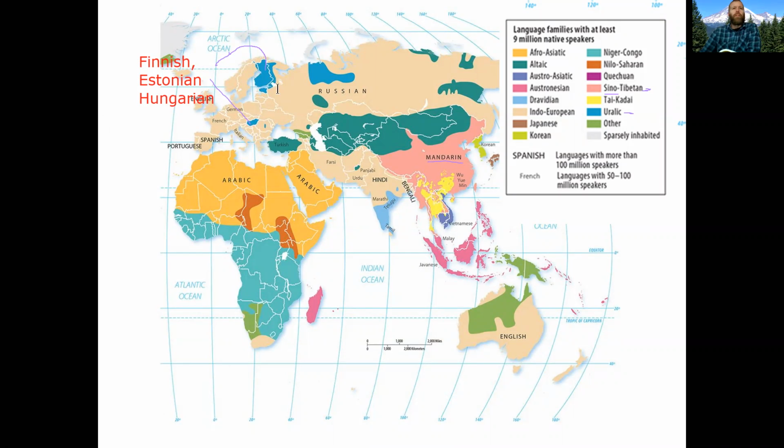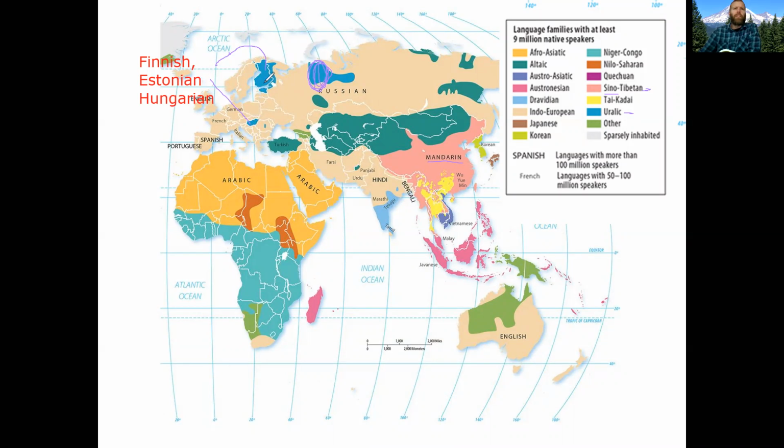If you've ever been to Finland or Estonia or Hungary, if you look at the signs, they look nothing like the other signs or the other words. They have a completely different language family. And it's called Uralic because it's believed that they originated from this area in Russia, which is where the Ural Mountains are. So Hungarian down here in Hungary, Finnish up here in Finland, and then Estonian here.